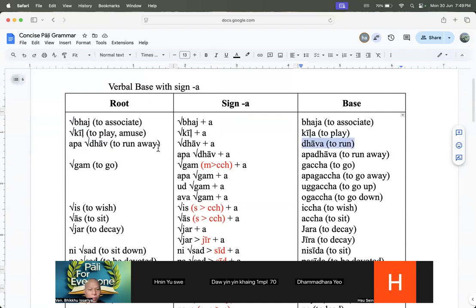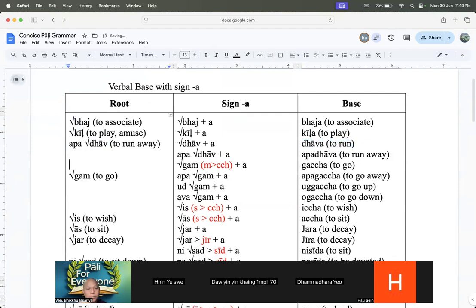Okay, so for now the other common root, like we already root ja, me, so to walk or to practice.